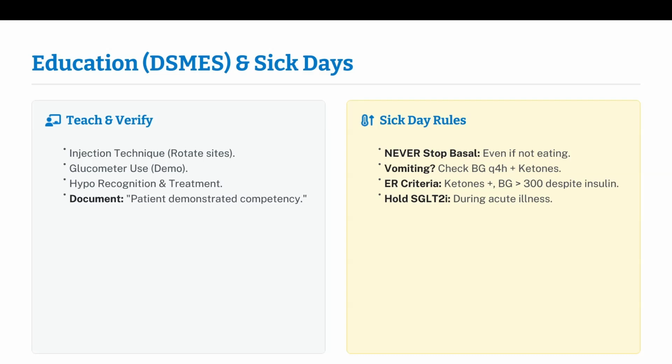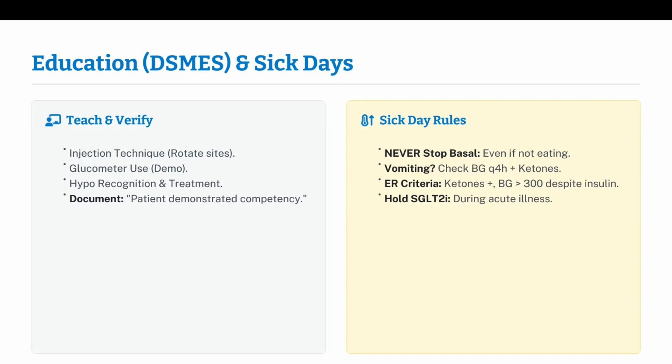Hypoglycemia recognition and treatment must be taught to the patient as well as the attendants. Document that the patient demonstrated competency and understood hypoglycemia management, glucometer use, and injection techniques.